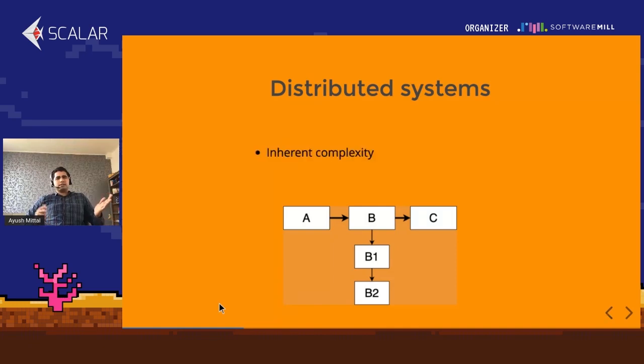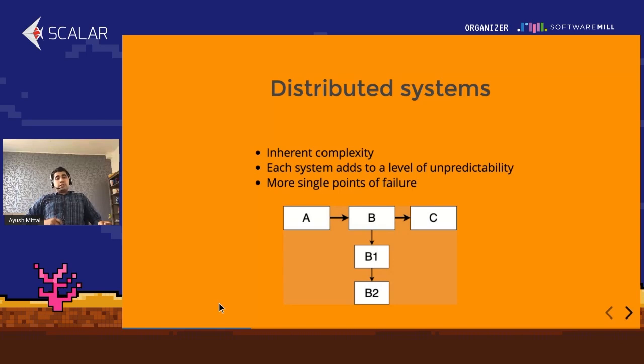Because of these interactions, there is an inbuilt complexity to them. You need to understand the details of A, B, and C in order to understand the whole system. Not only are they inherently complex, each system has its own tech stack, it could have its own language, and this adds a level of unpredictability and uncertainty.